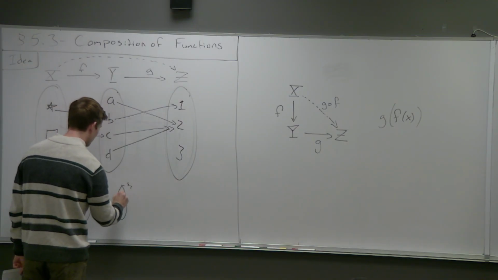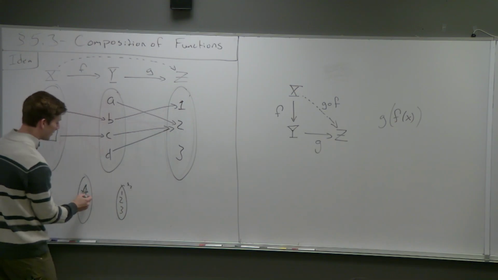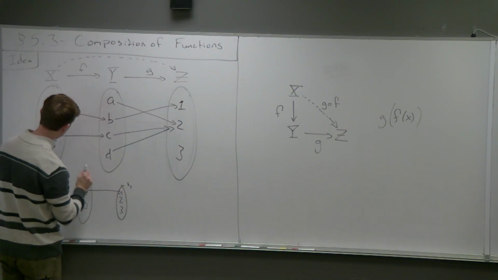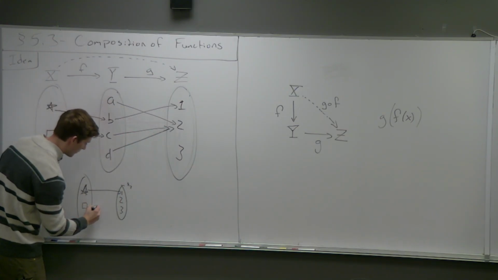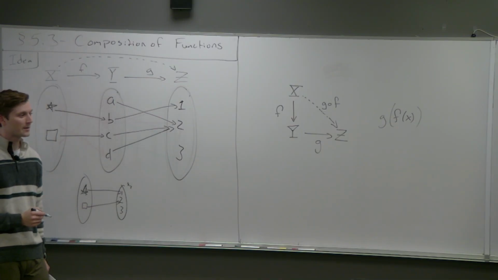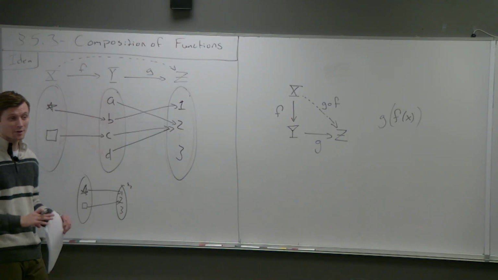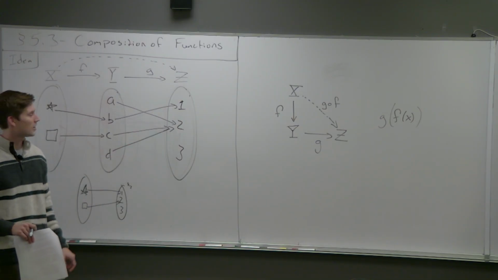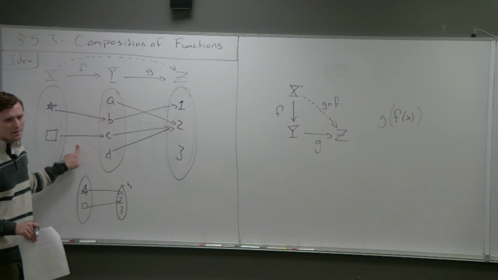And then I've got 1, 2, 3. And star gets mapped over to 1, and square gets mapped over to 2. That's about as injective as can be, right? Okay, so we have the possibility to get an injective function when the second function is not injective. But notice the first one definitely is, right?